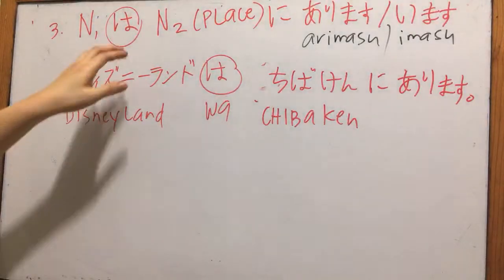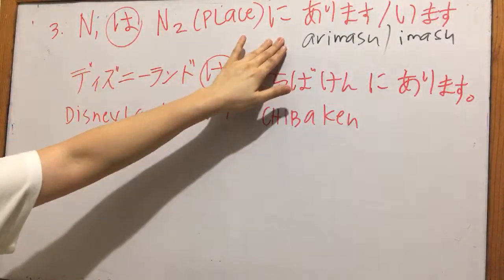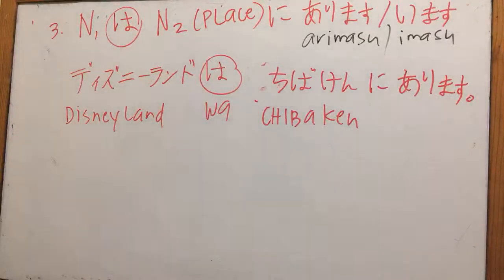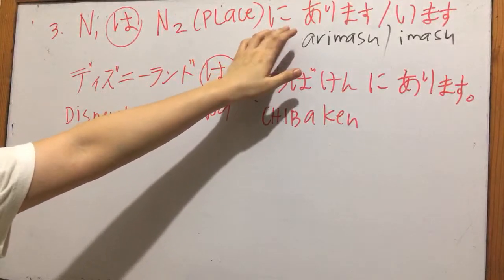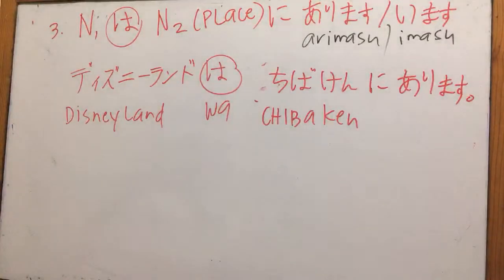Okay, this is our wa and ni pattern. In this case, you can see the ga is not in this sentence.